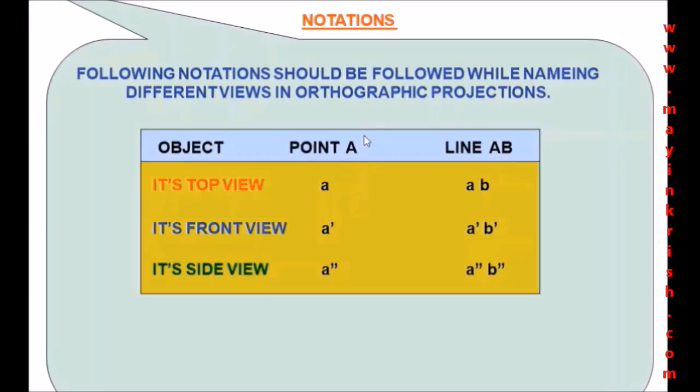And now we can get a clear idea here: the object is defined with a capital letter, and we are going to make the notations of the front view, top view as well as the side view with lowercase letters and with the help of dashes. What we are defining here is not a change of the object, but only how the object appears when we start projecting. In the sense, when the observer looks at the object, it may be from the top, from the side, or from the front.